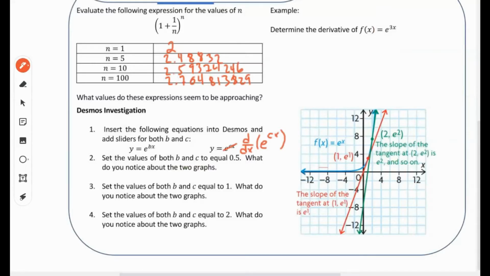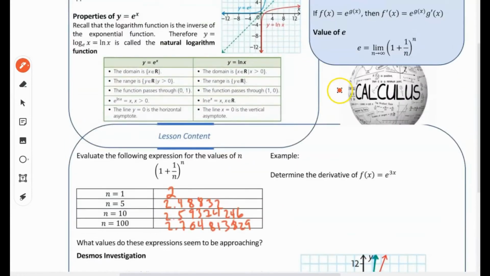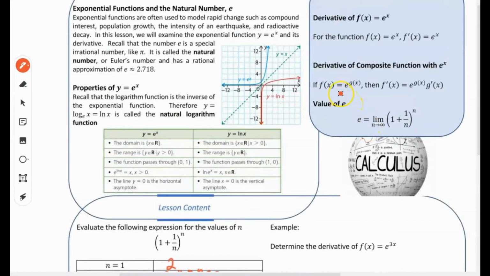So what does this tell us? This tells us that the derivative of e to the x is e to the x. And that's fascinating in and of itself.